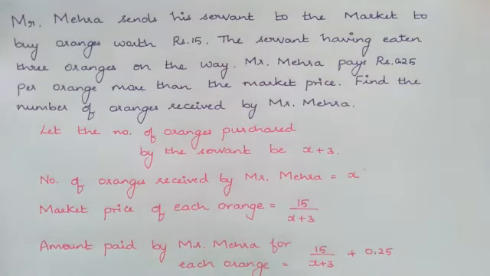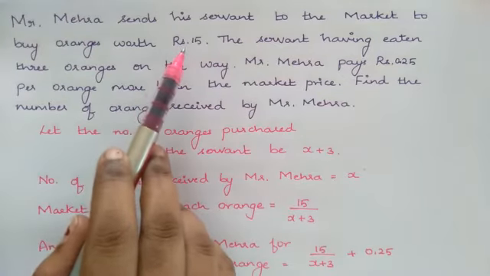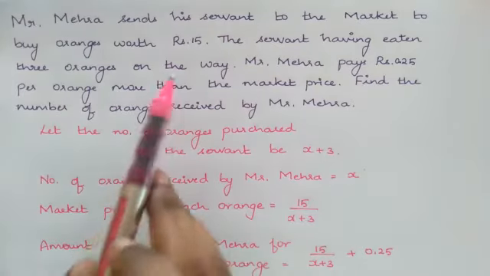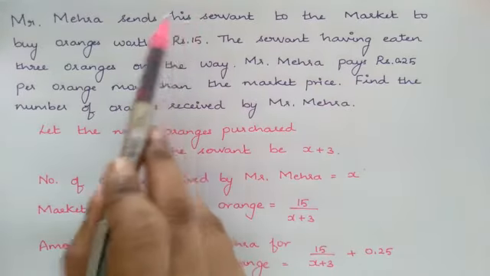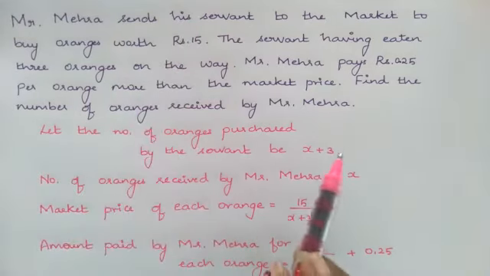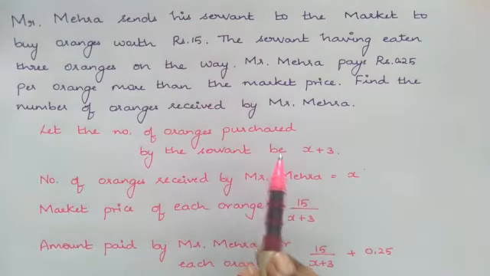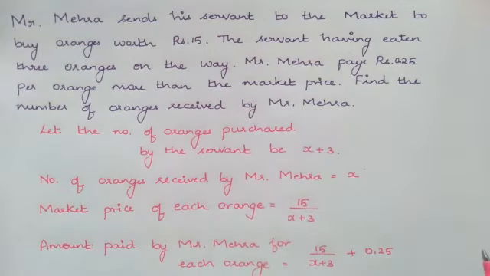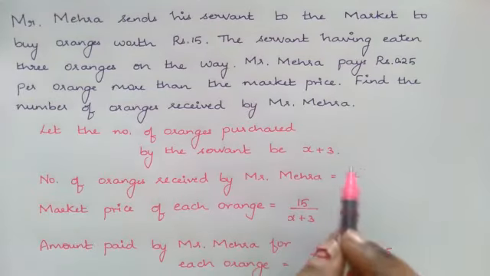But actually he has given the servant rupees 15. So we are going to identify how many oranges he has received. With this 15 rupees, the servant has actually purchased x plus 3 oranges. But since he has eaten 3 oranges, Mr. Mehra is receiving just x oranges.